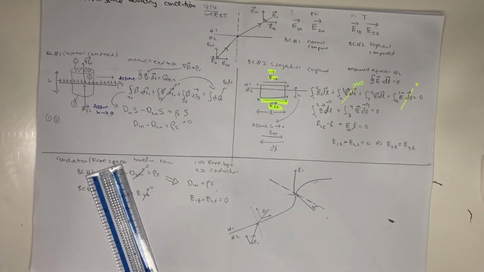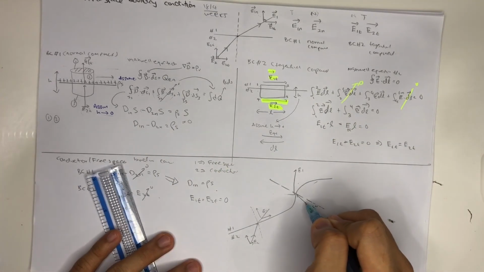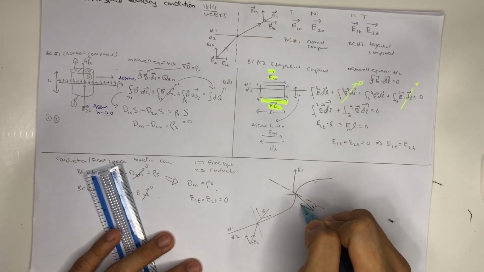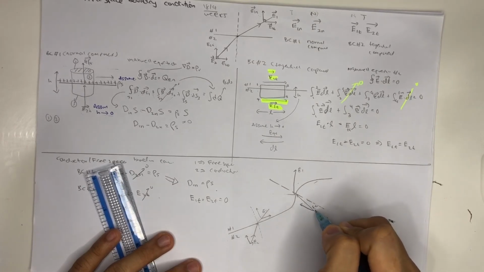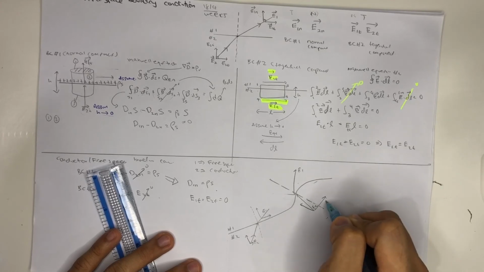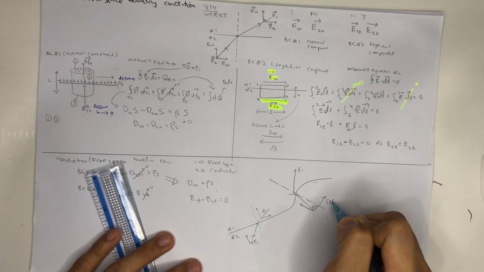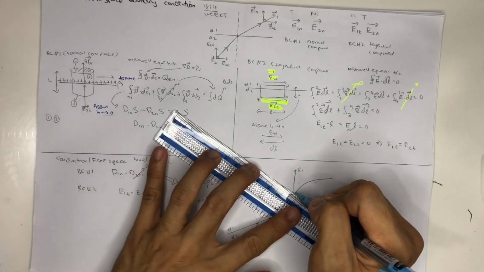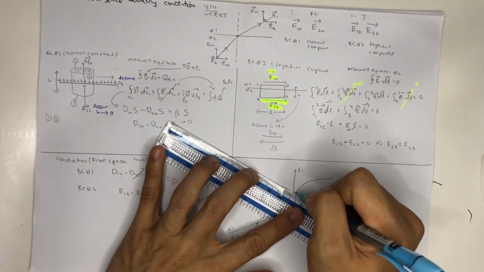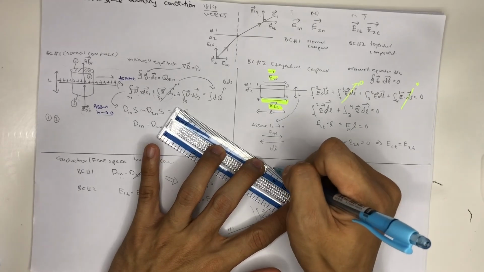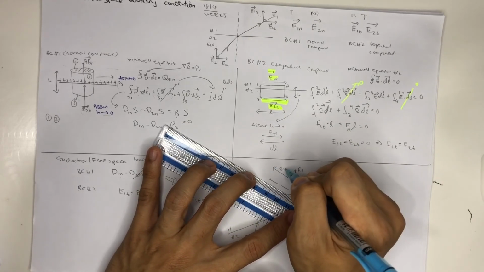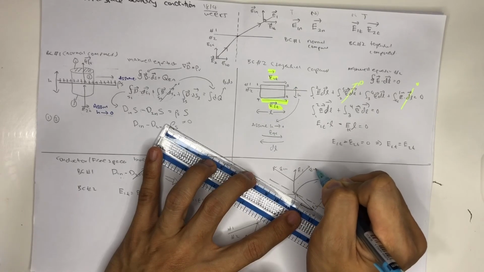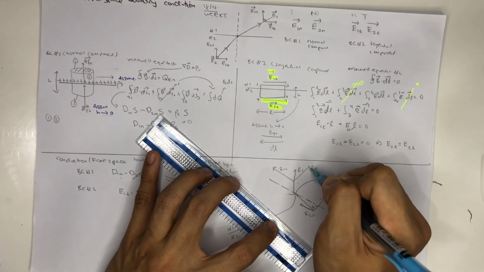Now you can see that E2N is here, the normal component is here and the tangential component is here. Similarly for E1N and E2N, and E1T is in a different direction.